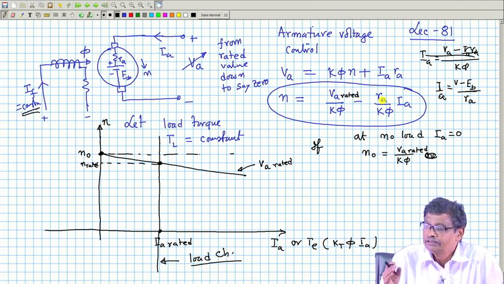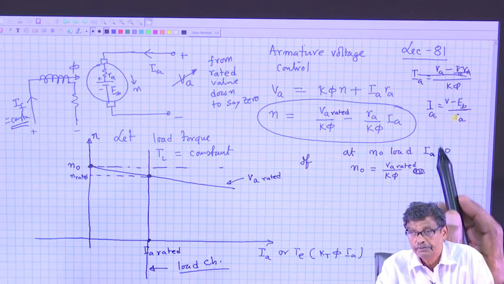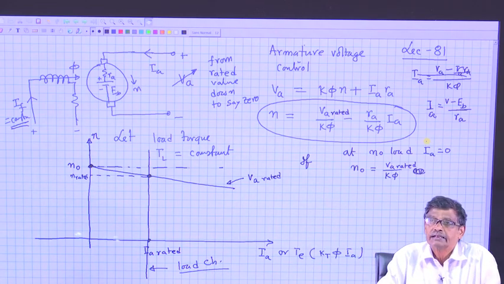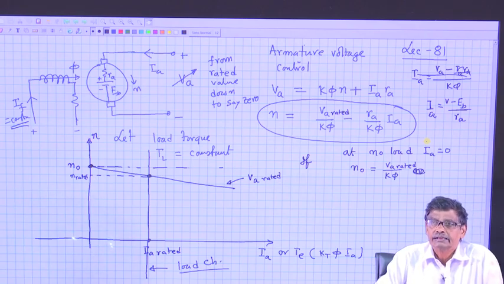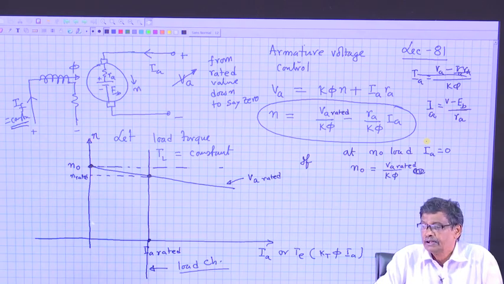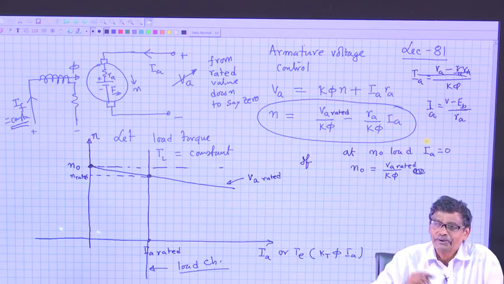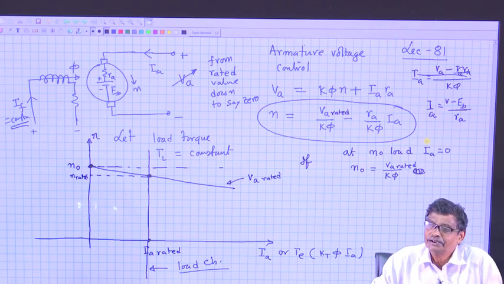No. As speed falls, E B falls, and armature current, V minus E B by R A, once again increases. Finally, the motor will find a steady operating point, such that once again the same armature current is drawn, so as to match the electromagnetic torque, but it will run at a reduced speed.